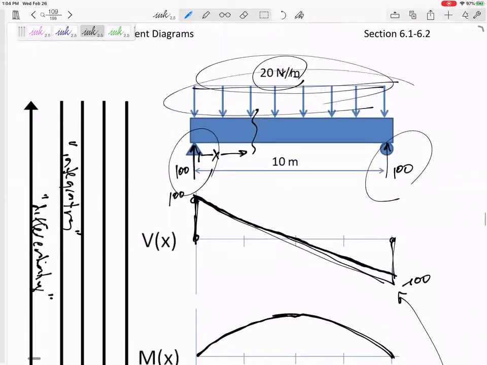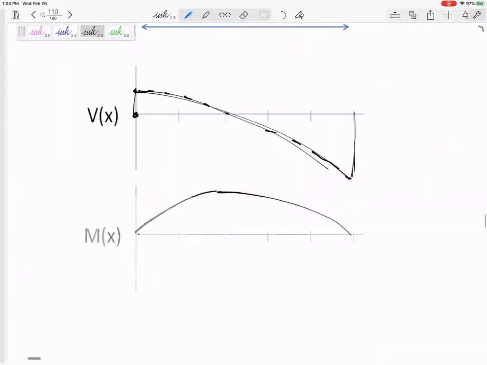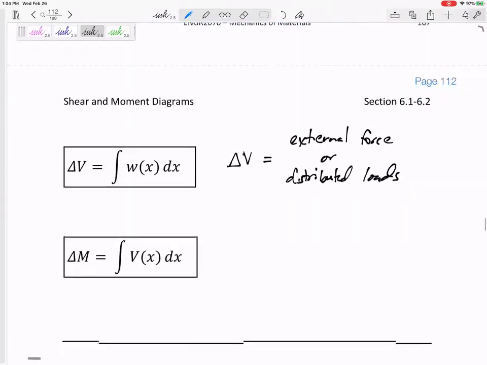Do you see how a uniform load pushes it down uniformly with a slope of negative 20, right? In this case, if that uniform distributed load is a uniform 20, then my slope is a uniform downward 20 of my shear diagram. Okay, so those are the two things.